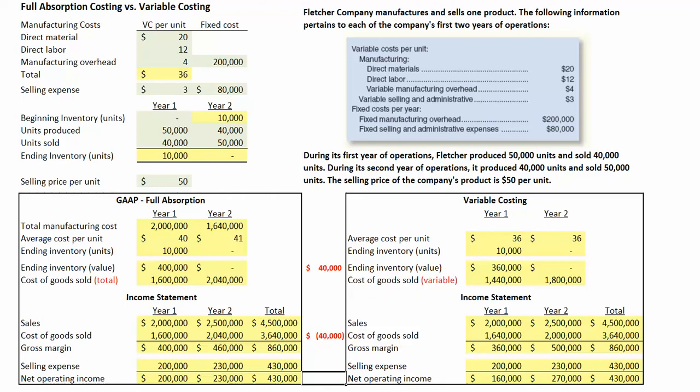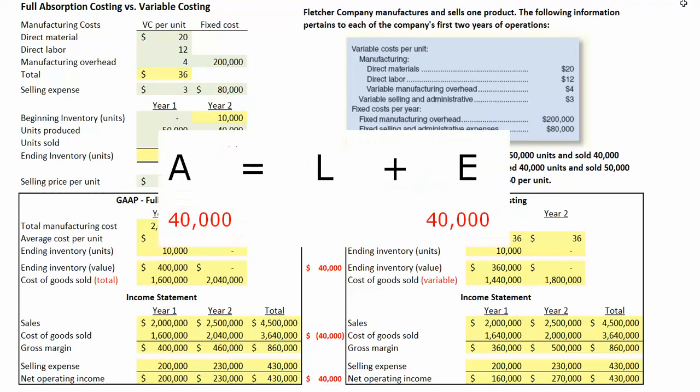And we can see that cost of goods sold is higher under variable costing in year 1 by $40,000, which of course results in $40,000 higher net operating income under GAAP-based accounting. This keeps our accounting equation in balance.